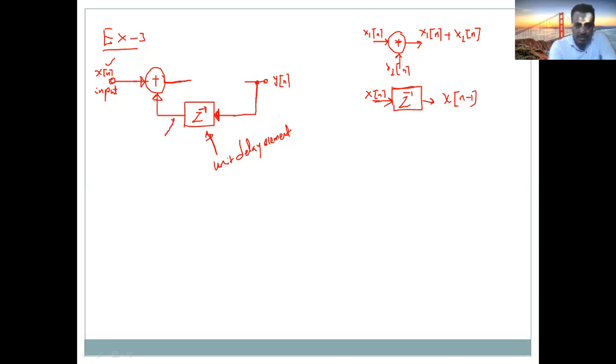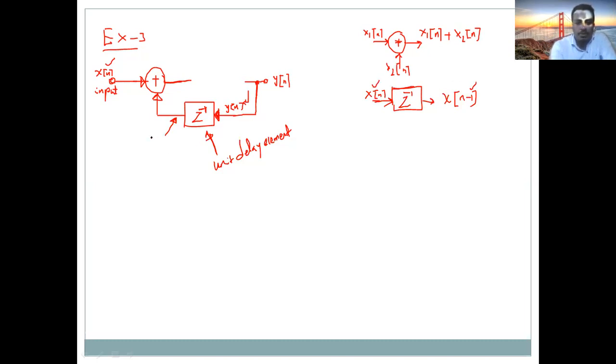So what is the output of this unit delay element? The input comes from the output side, so y of n comes here. It's a feedback. Feedback means the output goes back to the input. Now this y of n is applied to this unit delay. As you know, unit delay only shifts by 1.